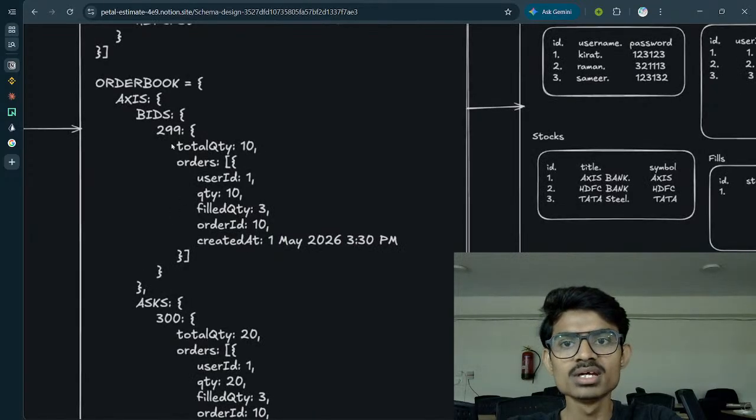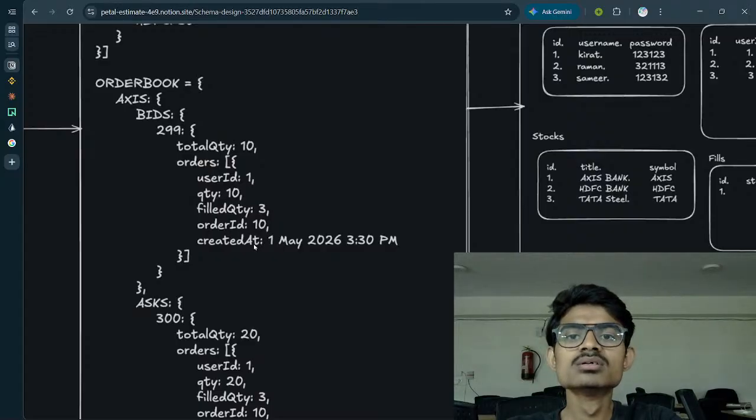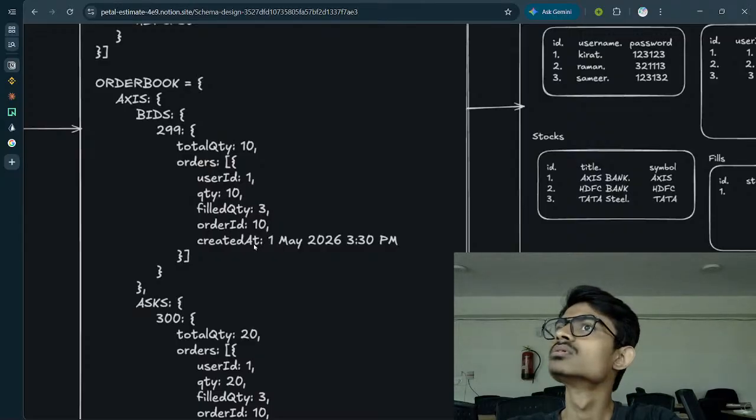So here 299 is per stock or the total price that we want to buy.